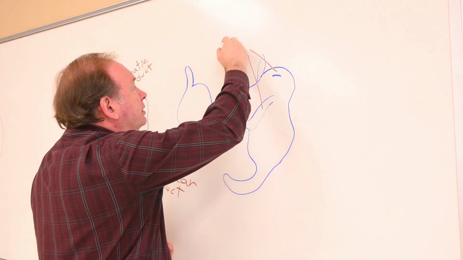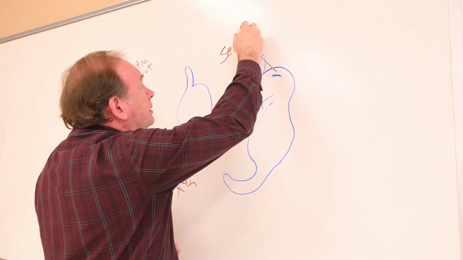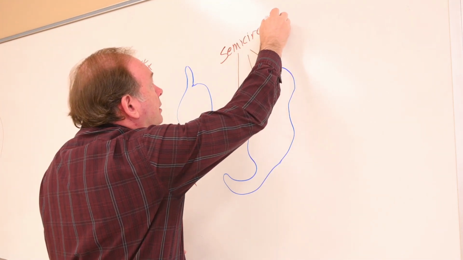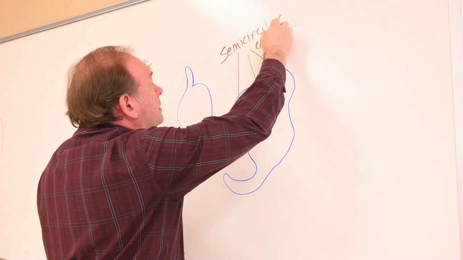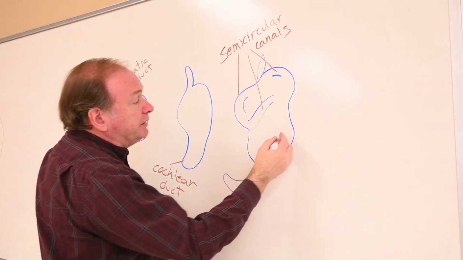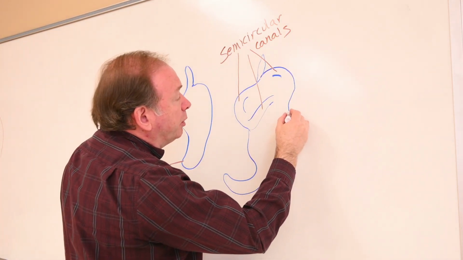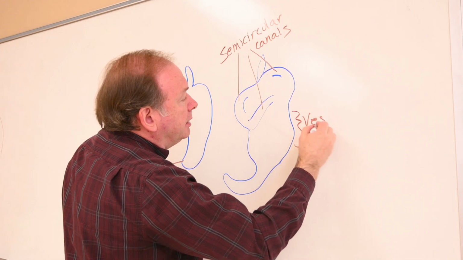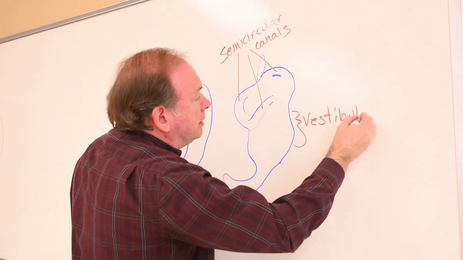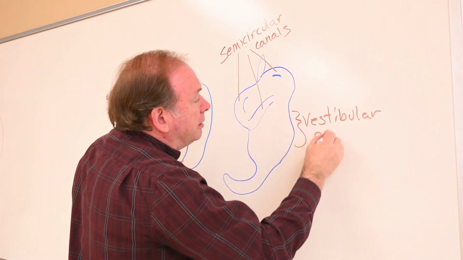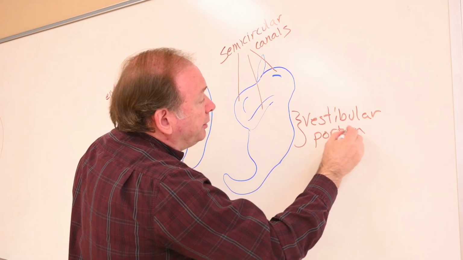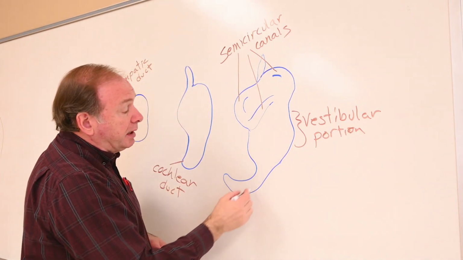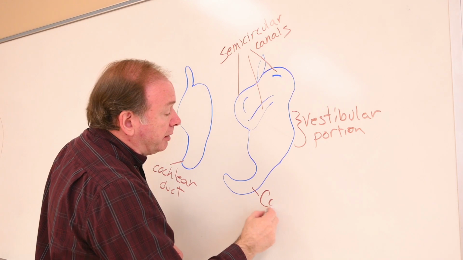So these are our semicircular canals. Here, and this area here will become the vestibular portion. Or simply vestibule will be fine there. And then of course we have the beginning of our cochlear duct down here.